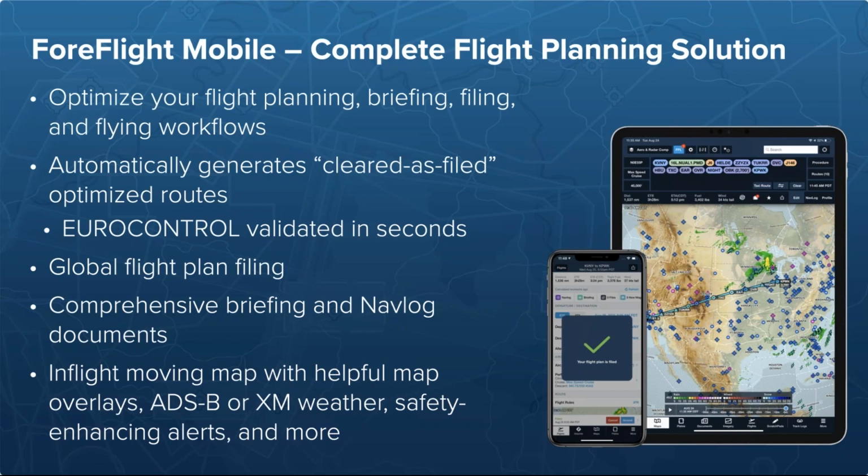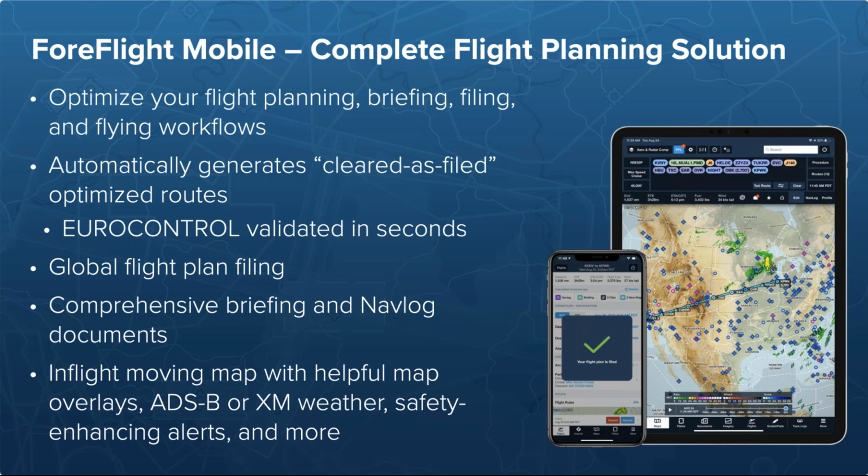When you move up into some of the more advanced levels of ForeFlight, there's comprehensive briefing and navlog documents, and it provides information that is synchronized between not just the mobile app, but also into the desktop version that we'll look at here in just a moment. But that's really one of the powerful features of ForeFlight.